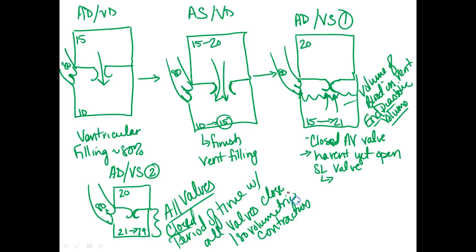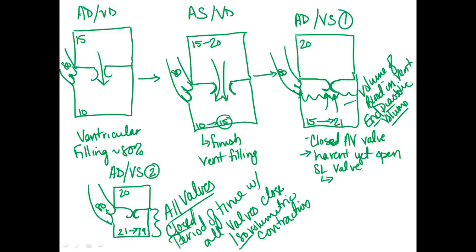And this period of time is referred to as isovolumetric contraction because we've got all valves closed, which means the volume is not changing, it's staying the same, hence iso. And it's staying the same as the heart contracts more and more to try and build up that pressure to open that semilunar valve.